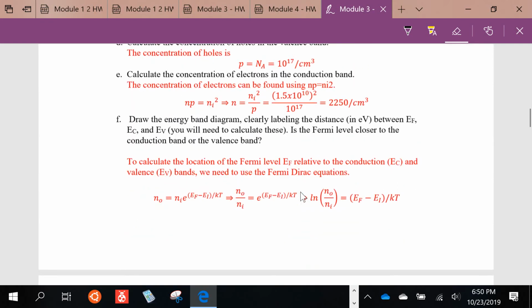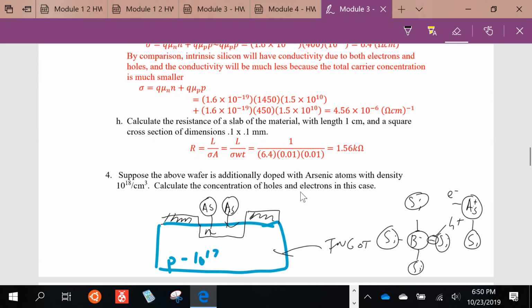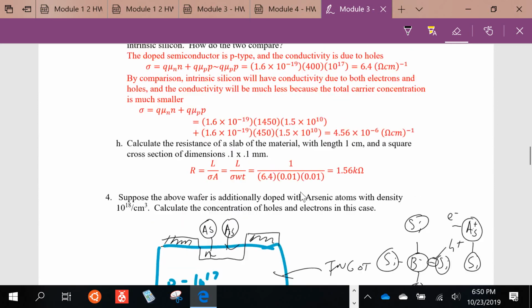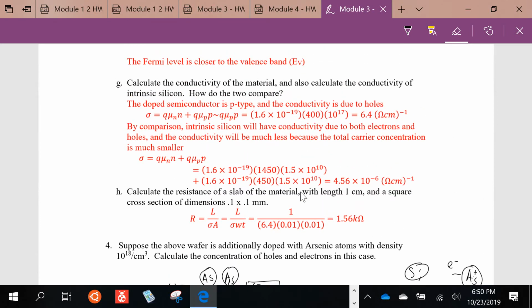The next one is going to be after this, in part G. Oh, part G, I'm sorry, moving up and down a lot. 450 and we use 400. Oh, I think that was a mistake on my part. I should have used the same mobility for both.